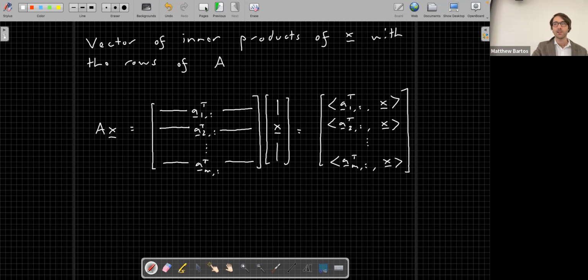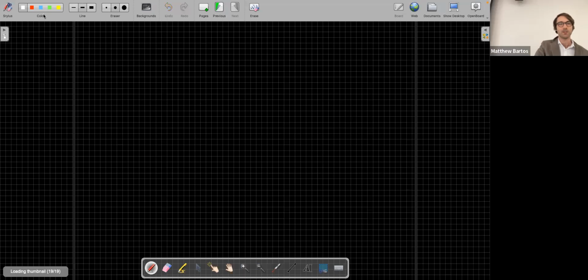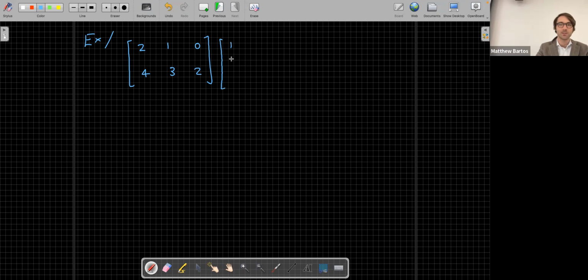Let's go through an example of how it's typically done with a couple of real numbers. Let's say we have a matrix A, which is rows 2, 1, 0 and 4, 3, 2, and we're going to multiply it by a vector X, which is 1, 0, 3. For the first row of our output, we have 2 times 1 plus 1 times 0 plus 0 times 3.